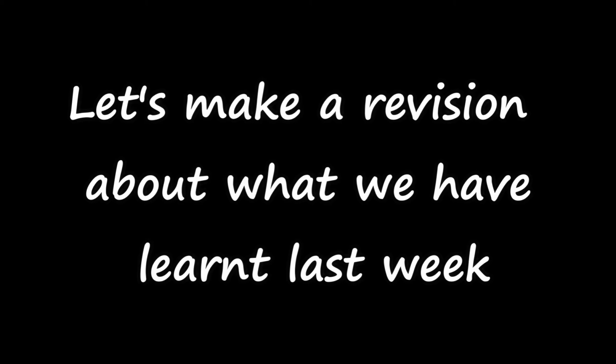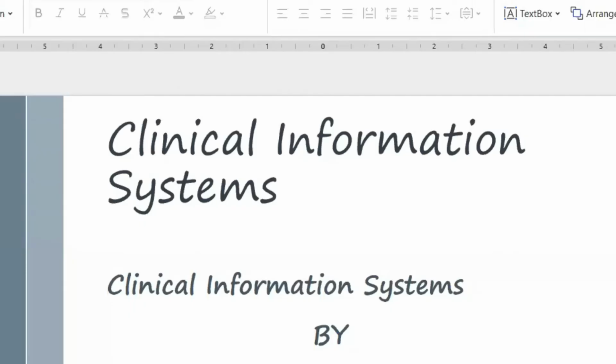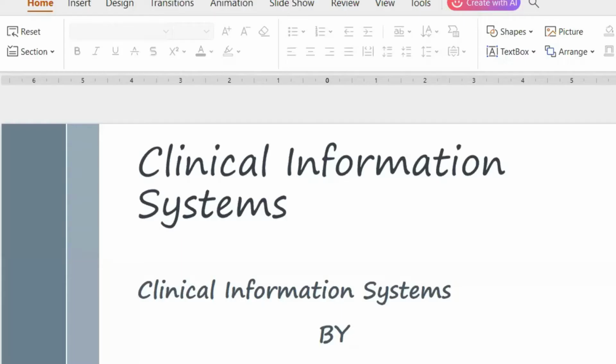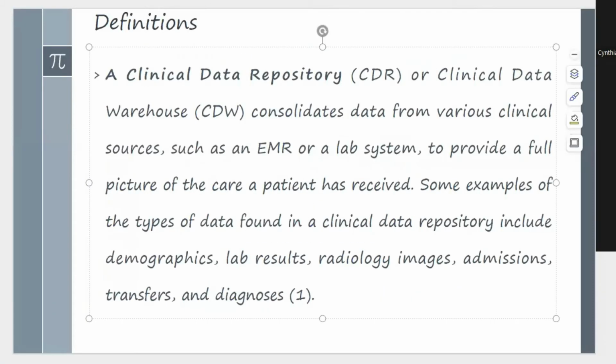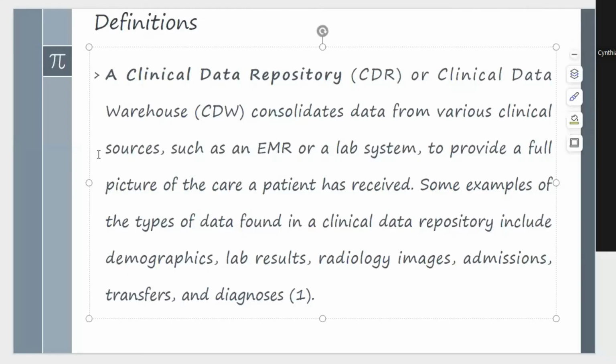So let us continue with the clinical information system or health information system. As a definition, the clinical data repository, when we see this, we are going to talk about health information management. As you know, currently we are using EMR, electronic medical records, and as technologies come in, we are adopting the repository or CDR, or clinical data warehouse.